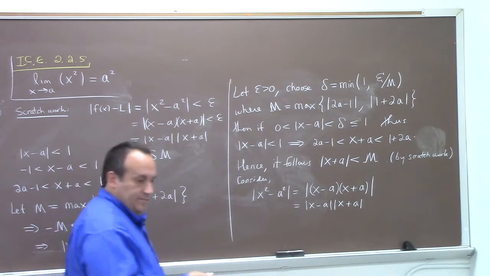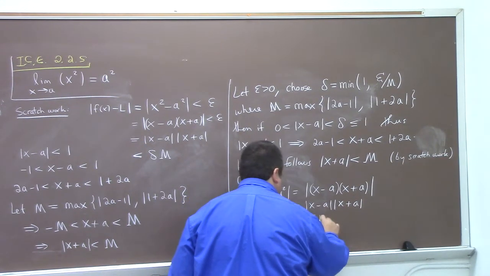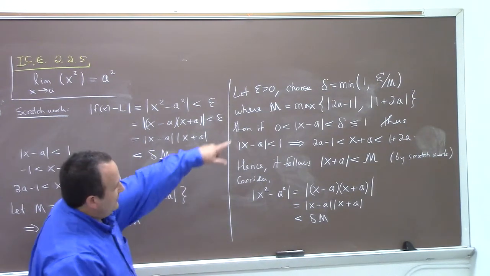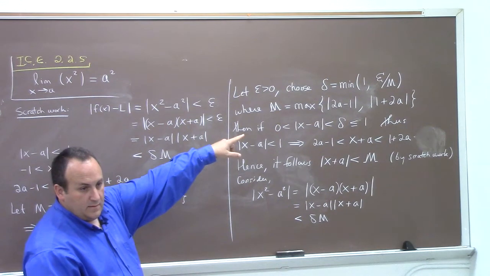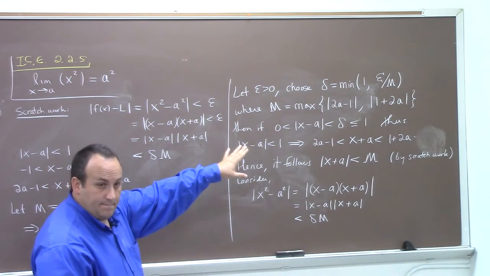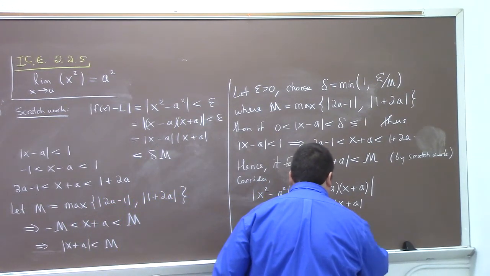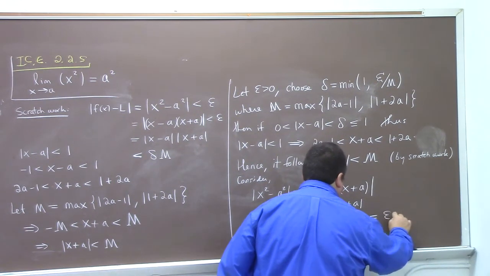And that is, by assumption, less than delta times m, right? But we constructed delta to be the minimum of 1 and epsilon over m. So that means delta is less than or equal to epsilon over m. So the m's cancel, as was my plan, and you get epsilon.